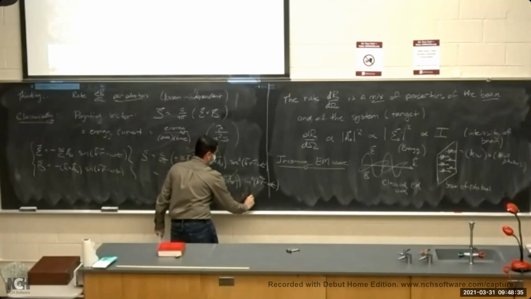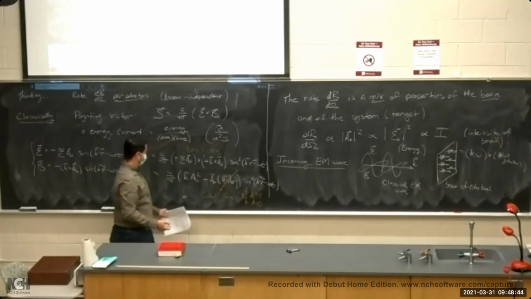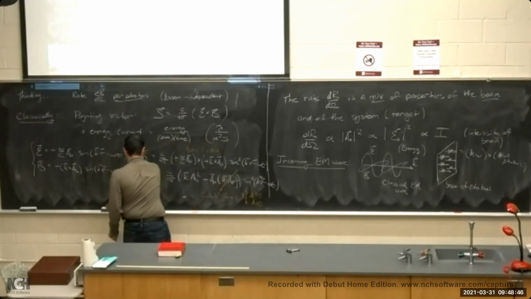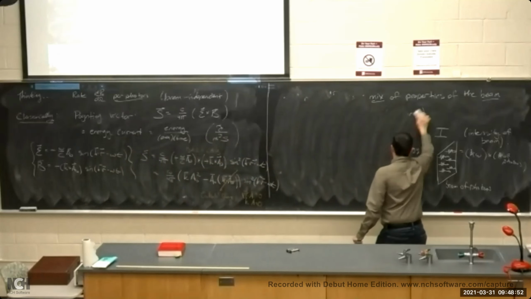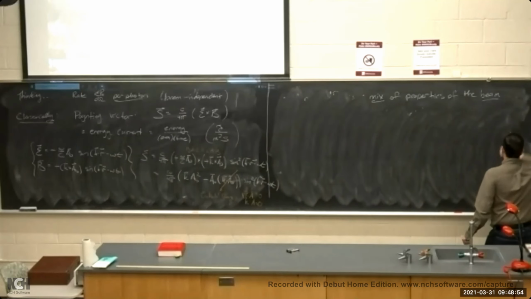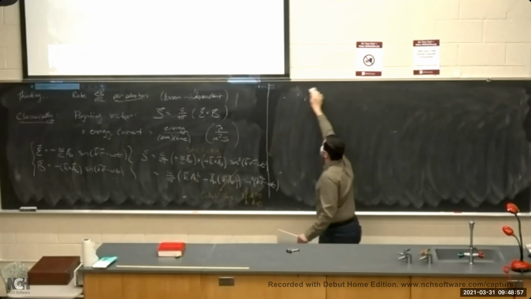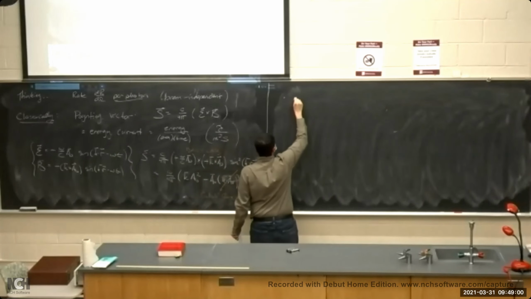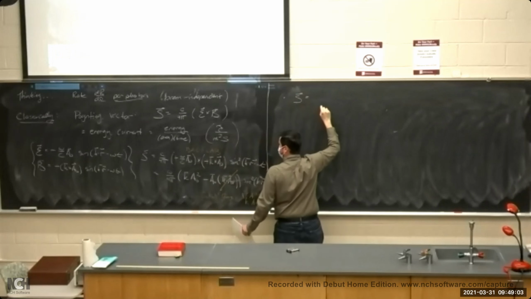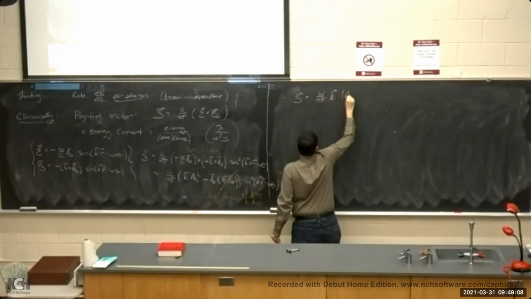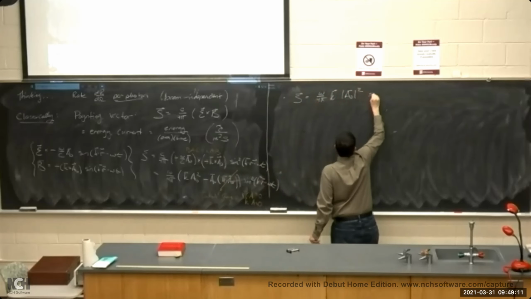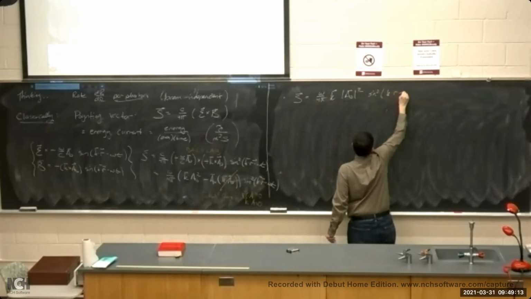Coulomb gauge had divergence of the vector potential being 0, which translates to the wave vector dot the vector potential being equal to 0. So we just get this piece. So what we get is that the Poynting vector at any moment in time is omega over 4 pi k A naught squared sine squared(k dot r minus omega t).